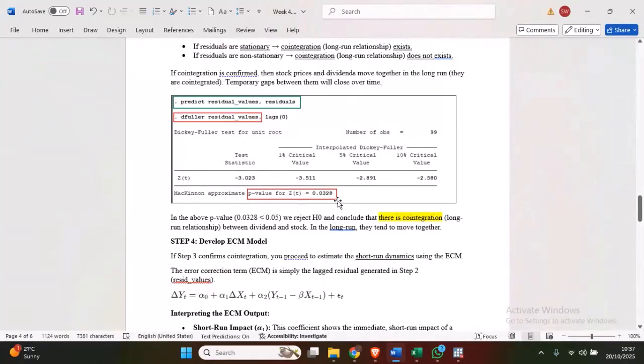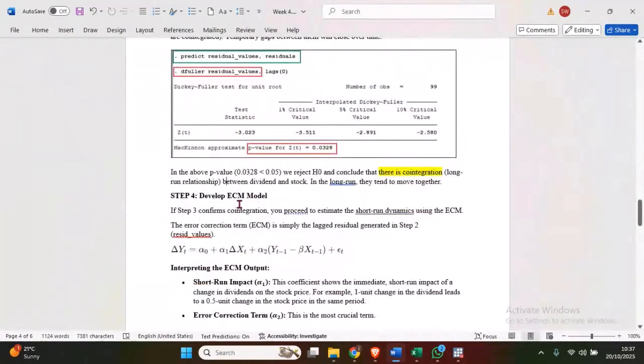So we said that in the above, the p-value is 0.0328, which is less than 0.05. Therefore, we reject the null and conclude that there is co-integration, meaning that dividend and stock have a long-run relationship. Now we are satisfied with the first three steps.